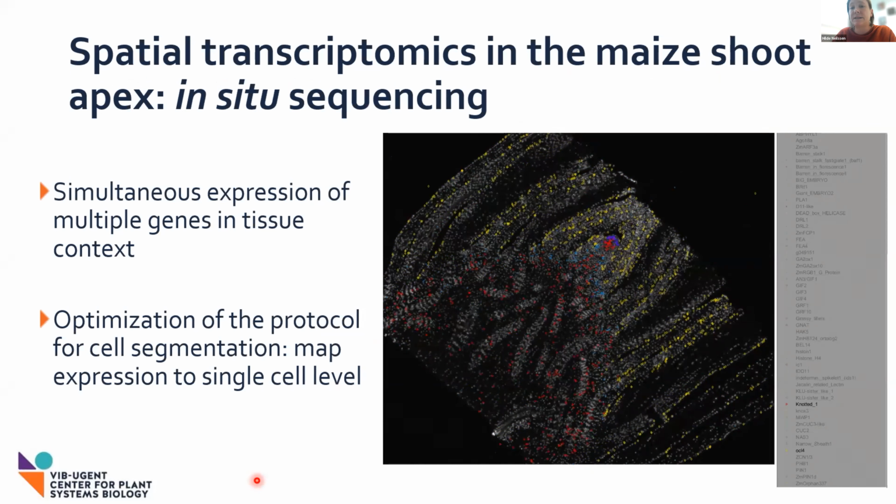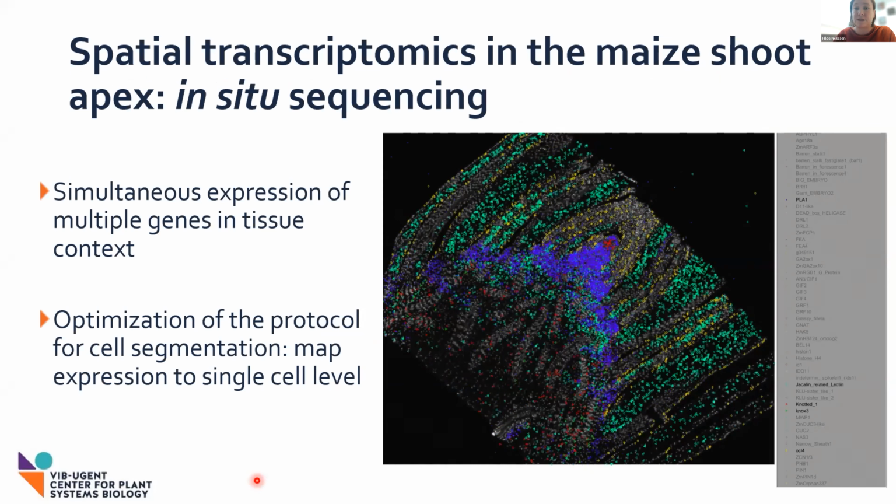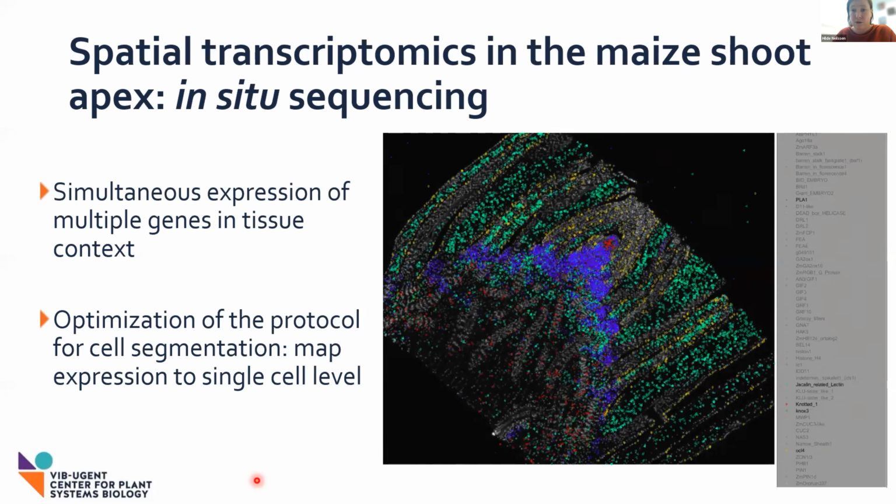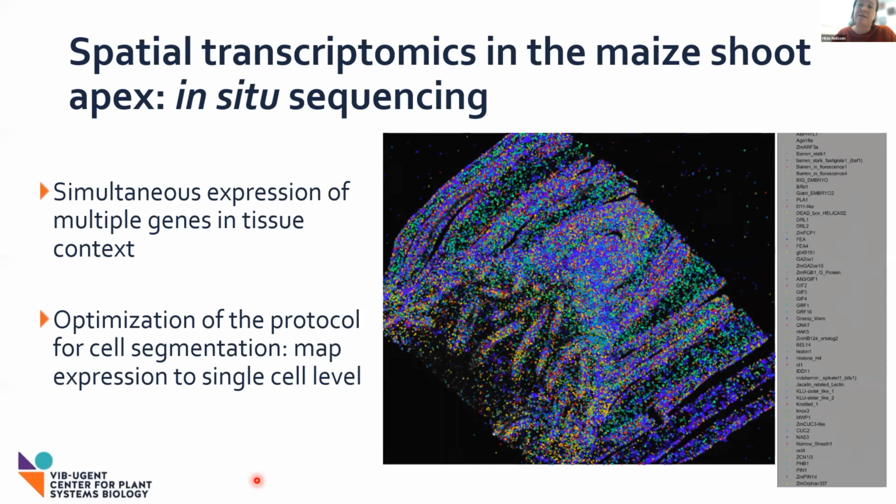Based on, for instance, the laser capture microdissection data of the Scanlon lab, we picked a panel of 90 genes with high and low expression levels. Based upon literature, we took genes with very specific or broad expression levels, and we looked whether we could apply this technology also in plants, because until then it was mainly used in animal tissue. And as you can see from the image, this really worked well.